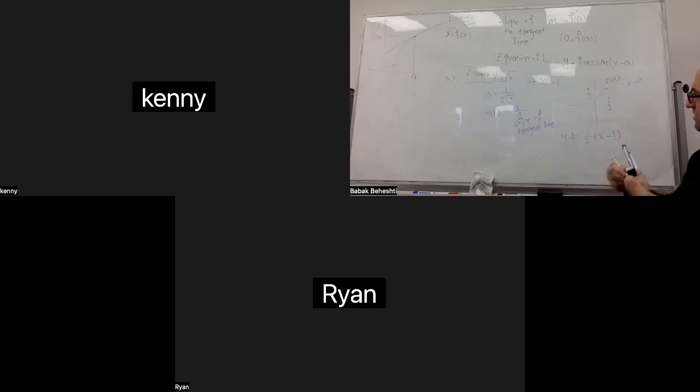So the equation of the tangent line is y equal to 1/2 x minus 1/2 plus 1, which is what? 1/2 x plus minus what I have to add.